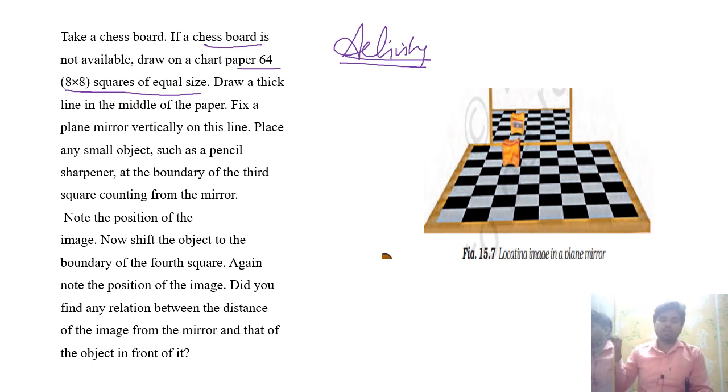So what property of plane mirror can you tell about this? Yes, students, you have to tell me the property of the plane mirror. It is very clear and obvious that whenever we displace any object, the image is also displaced in the same manner. So see the result.